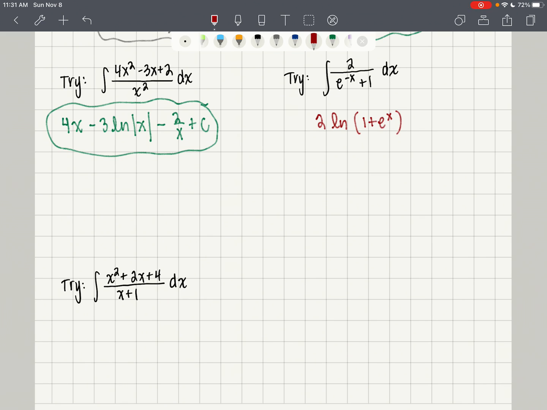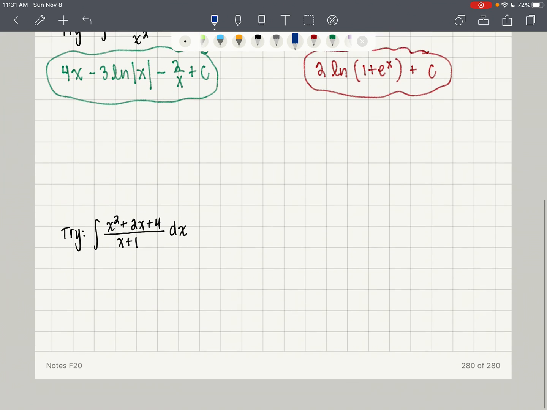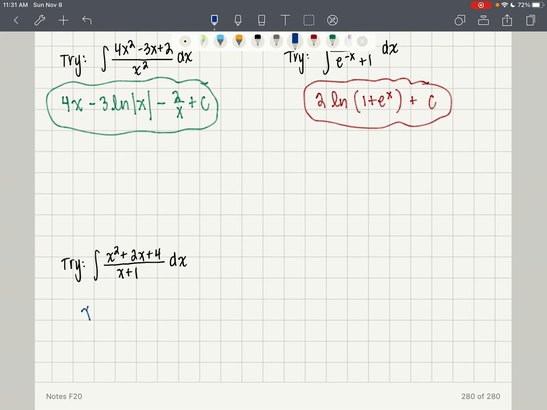I just kept everything in the order that it was, plus c. And the last one, if you got this, you know you've got it. X squared over 2 plus x plus 3 times the natural log of the absolute value of x plus 1 plus c.